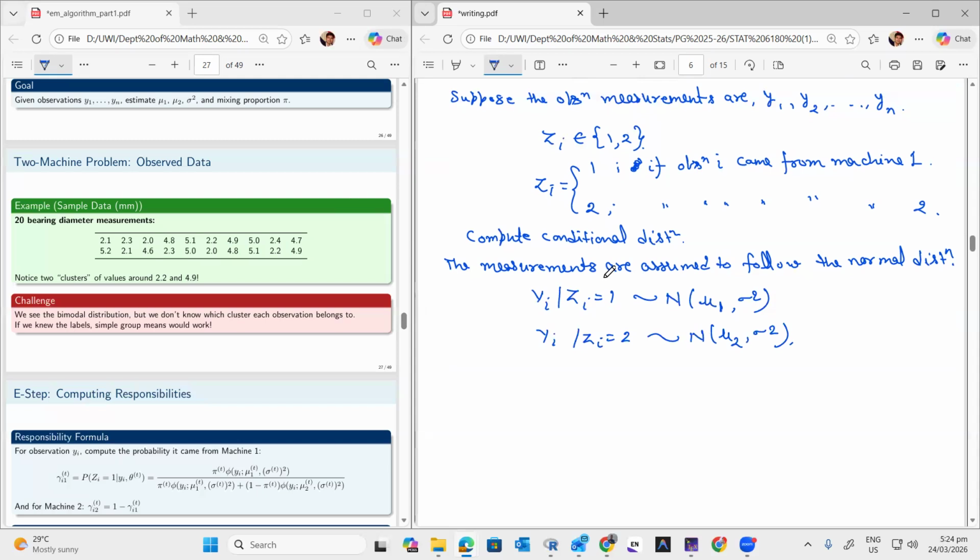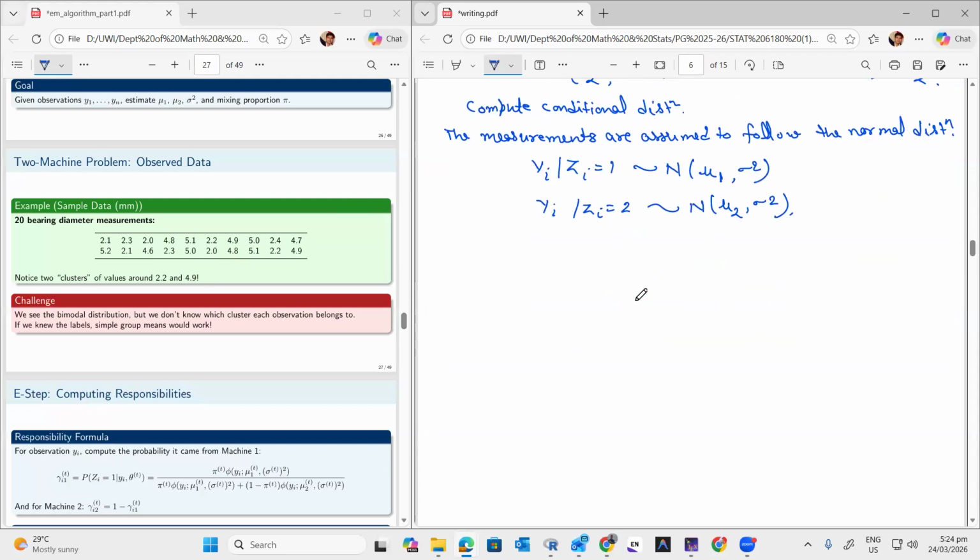All right, so again the machine labels are unknown, so the marginal distribution of yi is a mixture distribution, as we have done in the previous example.